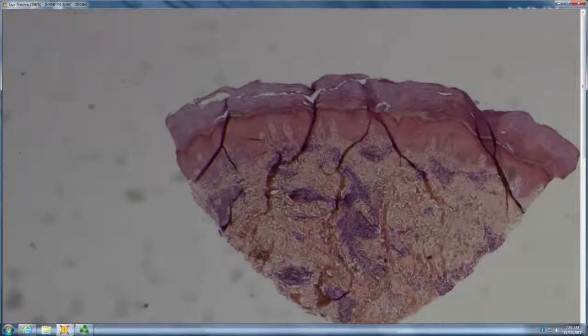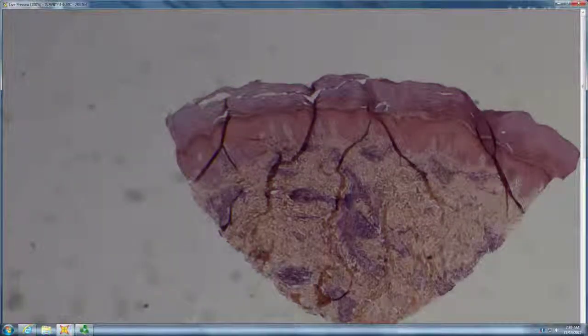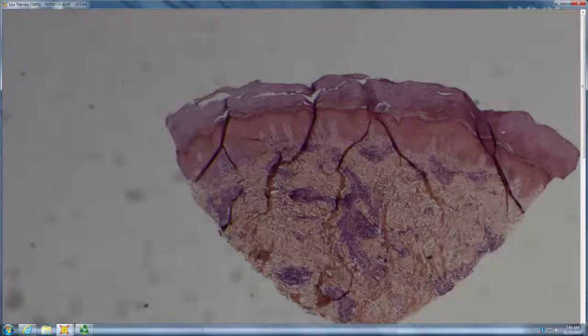Okay, so Ying, what do you see here? I see the lymphocytes and eosinophils in some places. Oh, there is some flame figure. Yeah, very prominent flame figure, superficial and deep perivascular infiltrate.